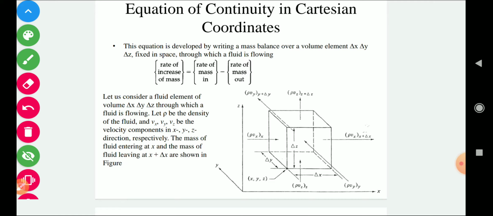So this is delta z, this one is delta x and this height is delta z. Here the velocity is Vx, and here the velocity is Vx at x plus delta x. Similarly, the other values are given in this diagram.